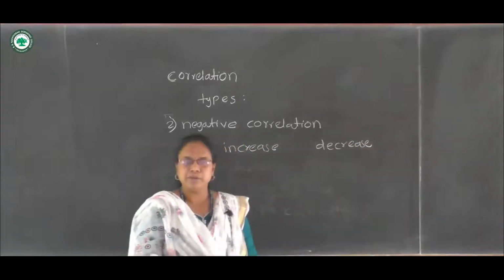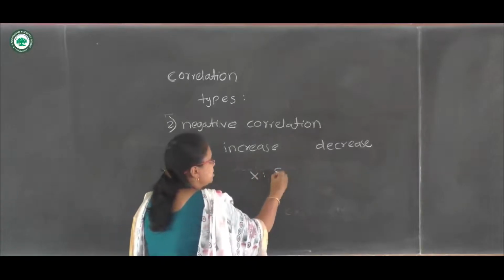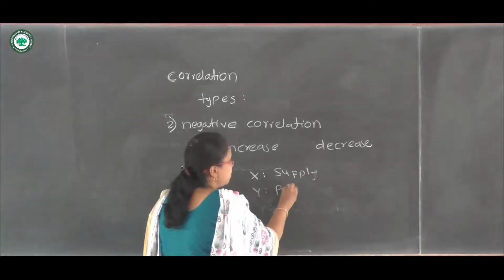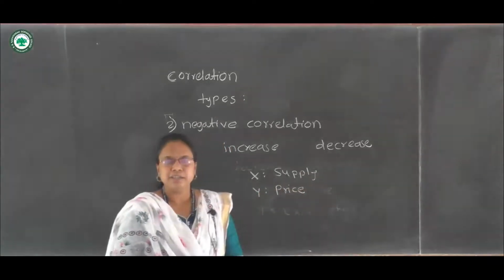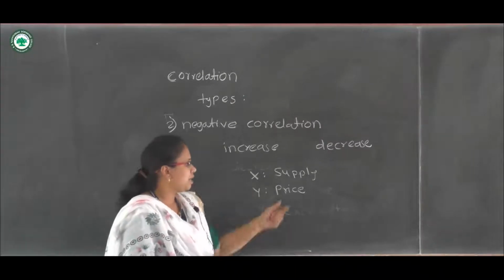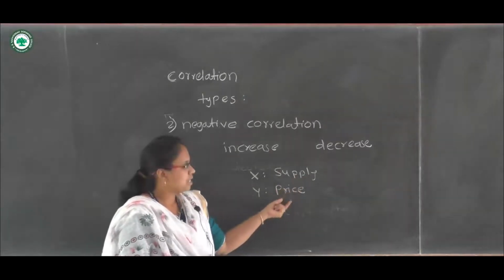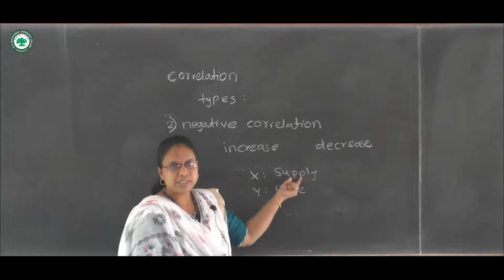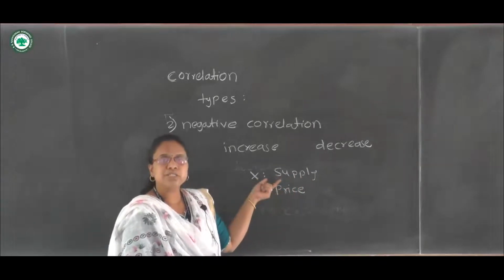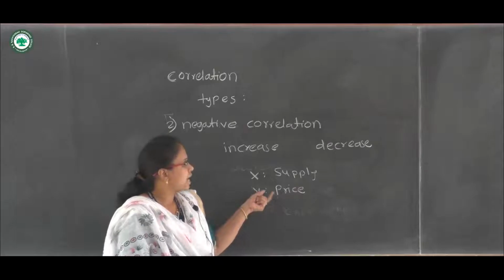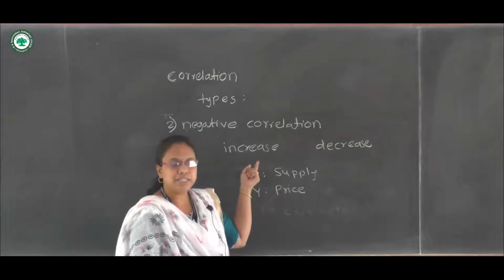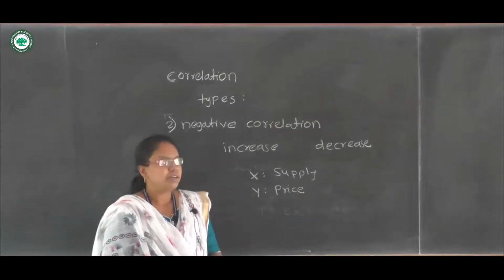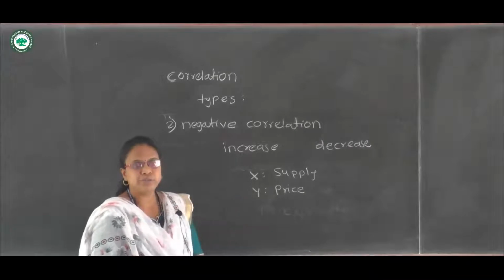One example is X denotes supply of a commodity and Y denotes price of a commodity. Then we can observe that as the supply increases, the price automatically decreases, or as supply is very less, then price will be more. So these two variables are related such that an increase in one variable is associated with a decrease in the other variable. So there is a negative correlation between these two variables.